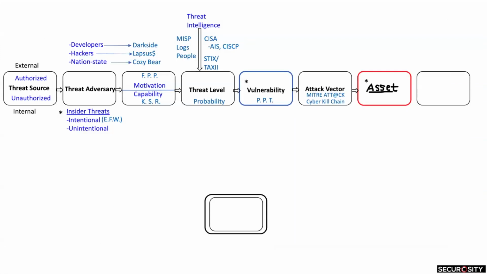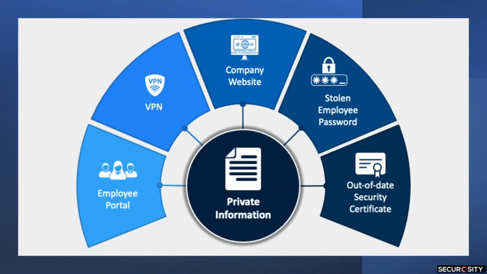We now have some ideas on how our threat adversaries may carry out attacks. The next question is, where will they attack? This is known as attack surface. Attack surface are all possible points of access that are susceptible to attacks that our threat adversaries could use to gain foothold into our organization's network.